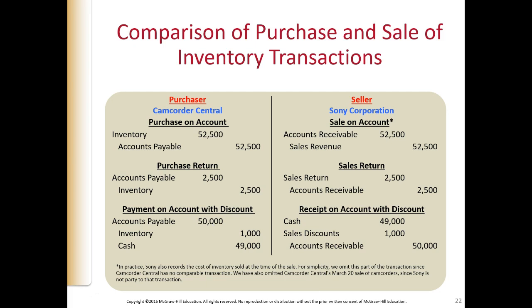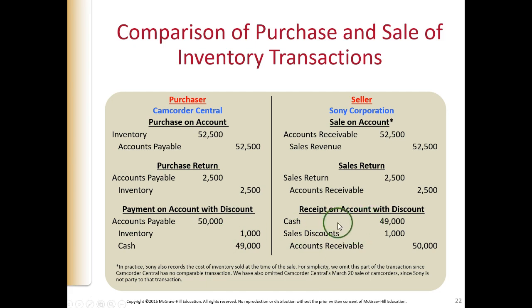If we pay within the discount period and get a $1,000 discount, then we debit inventory $50,000, credit inventory for $1,000, and then we credit cash for $49,000. So a purchase discount comes straight out of the inventory account. We don't have a separate purchase discount account set up.